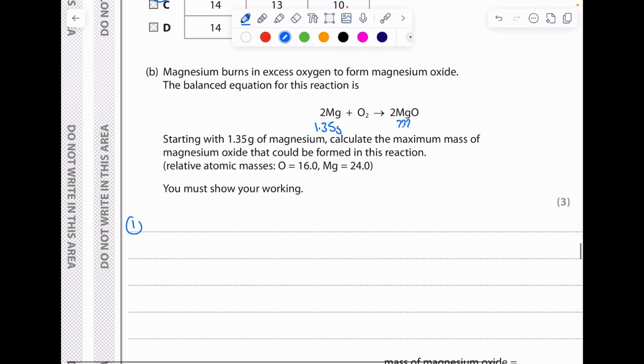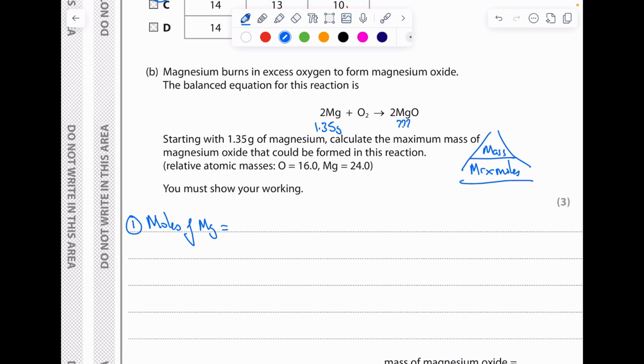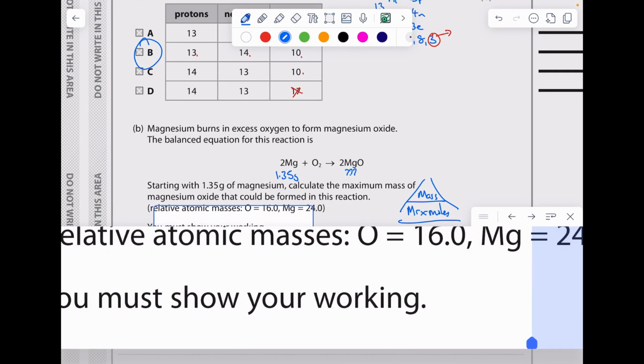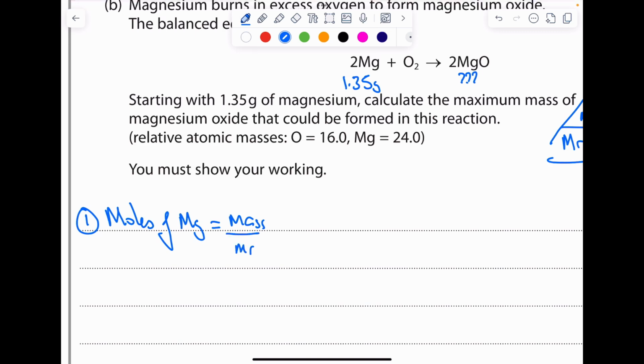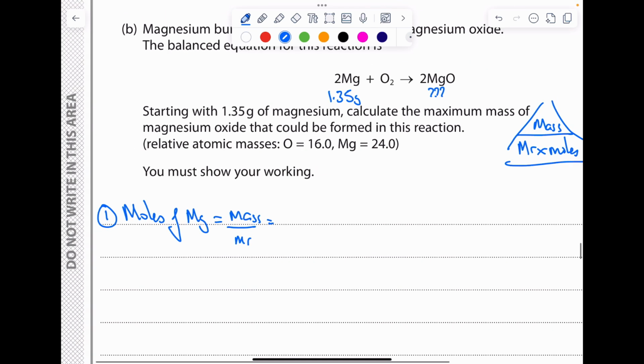So the first thing to do is we need to work out the moles of the magnesium. Now over here, let's put a reminder that Mr is at the top, with moles underneath the mass. So moles of the magnesium is the mass divided by the Mr. The mass in this case is 1.35, and the Mr for magnesium, it tells me here, is 24.